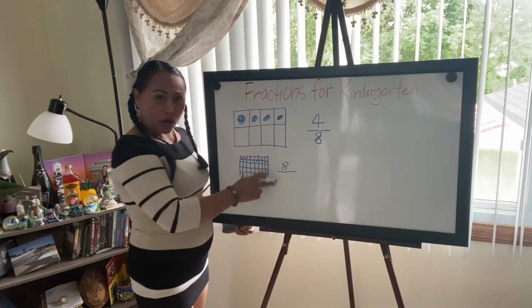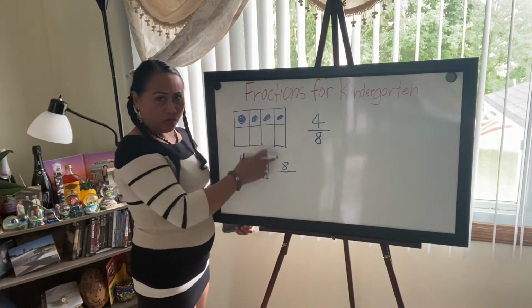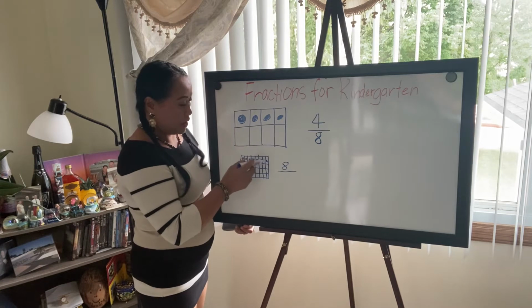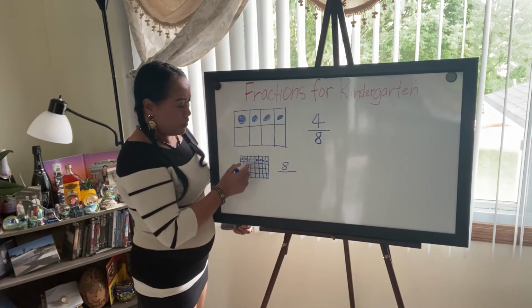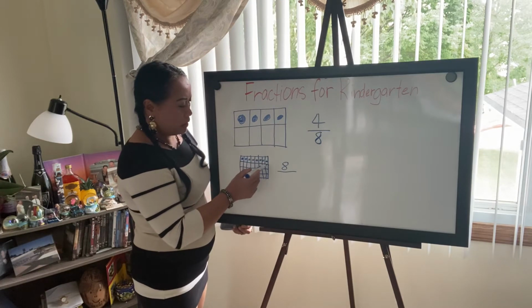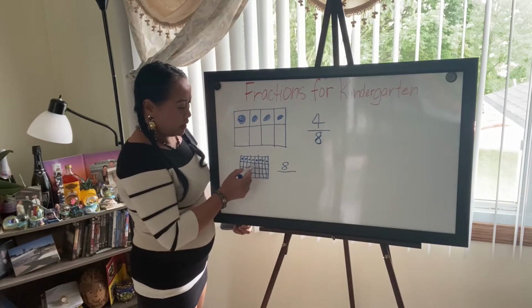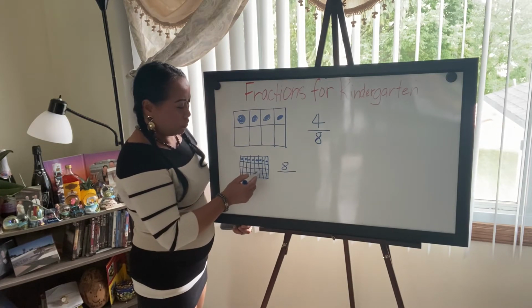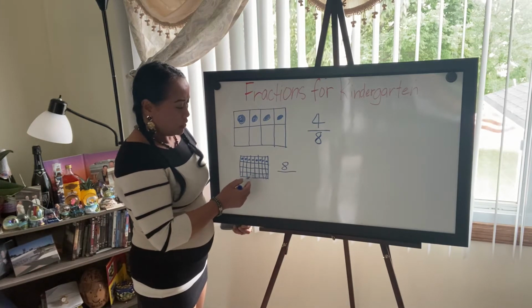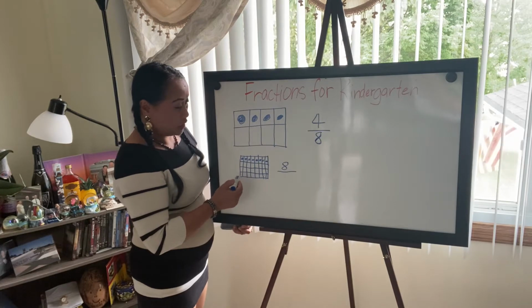Now, you count all after counting the shaded areas. 1, 2, 3, up to 32.